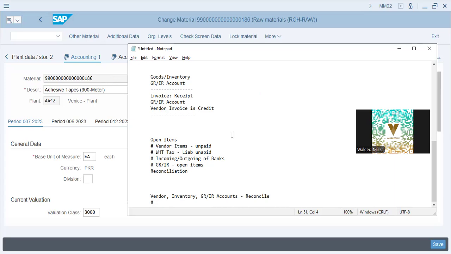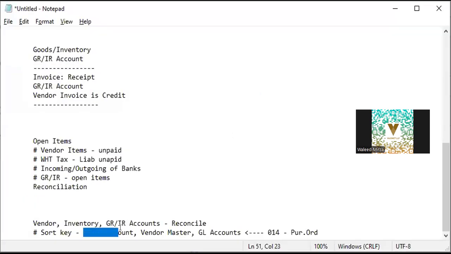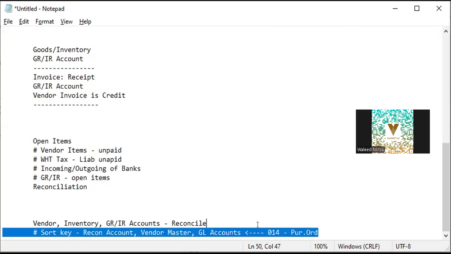The sort key in your recon account, vendor master, and GL accounts has to be 014, which is purchase order. Sort key basically mentions the reference for the PO in the vendor master, whenever the vendor supplies anything against a PO. GL accounts, GRIR accounts will have the reference of 014.